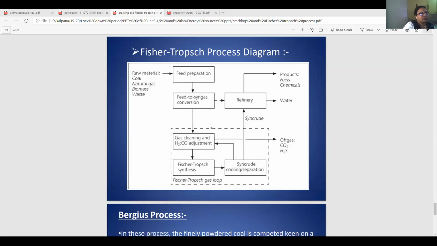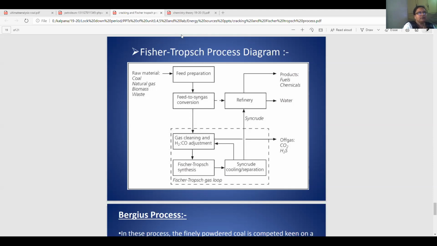You can see here feed preparation, then feed to syngas conversion, then gas cleaning with Fe2O3 and Na2CO3, then Fischer-Tropsch synthesis, where catalysts are involved along with temperature, pressure, etc. Then we get cooling or separation, it is sent to a refinery, and then we get the products, that is fuels and chemicals. So this is the way of preparation of synthetic petrol.